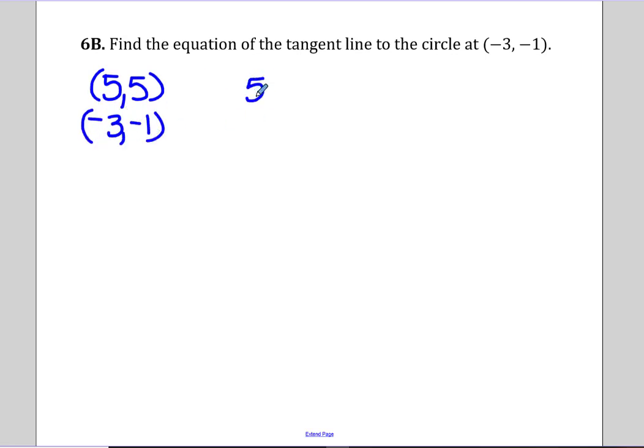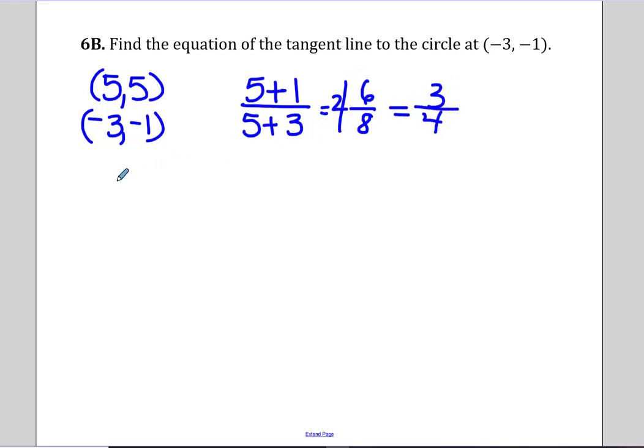So y2 minus y1 over x2 minus x1. That looks like 6/8, or 3/4. So our perpendicular slope is -4/3. That was just like the last one.